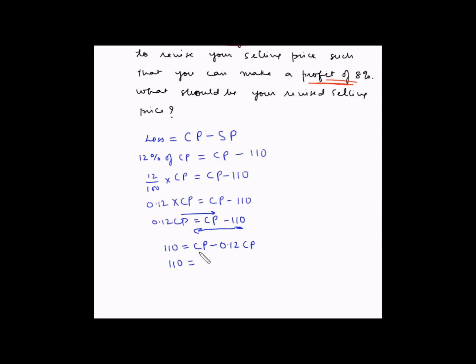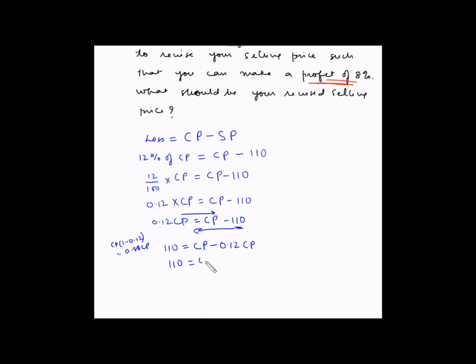So in other terms, we can actually take CP common. So we can actually do CP times (1 minus 0.12), and this is equal to 0.88 times CP.